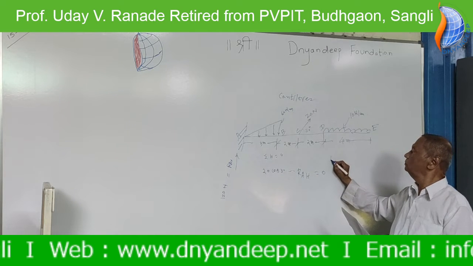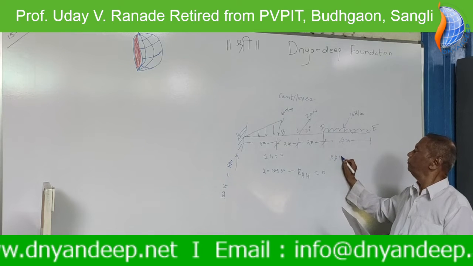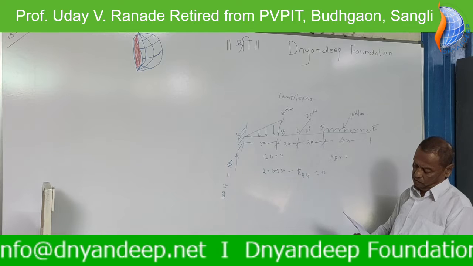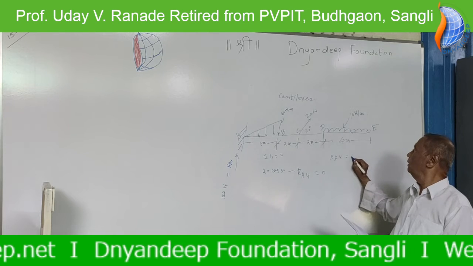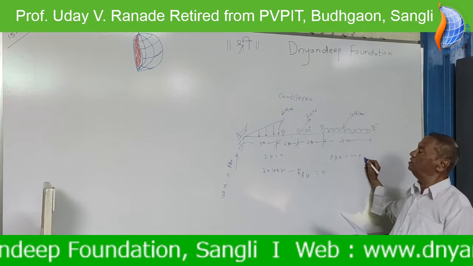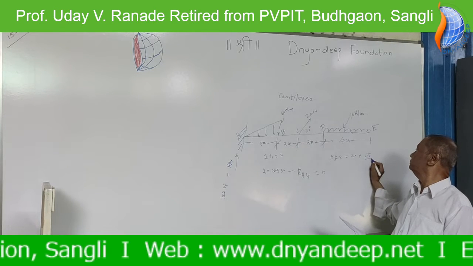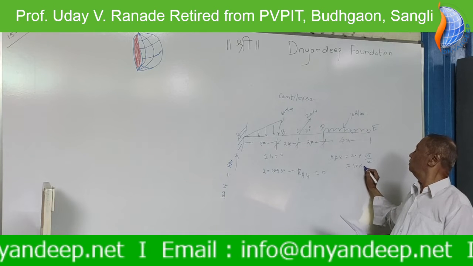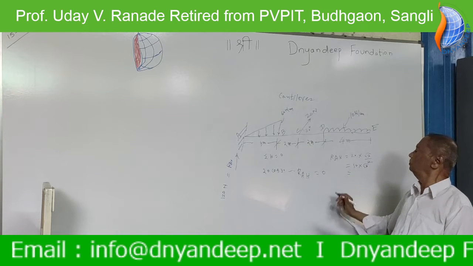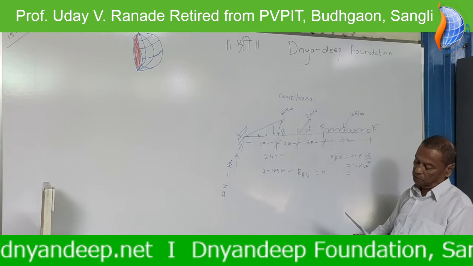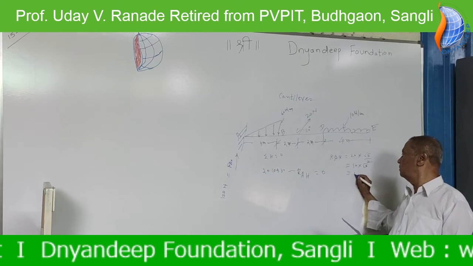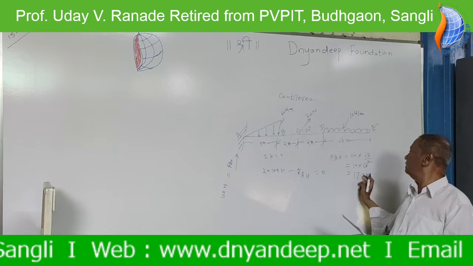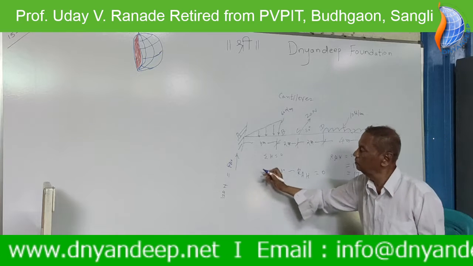Therefore RAH equal to 20 cos 30 equal to 20, cos 30 is root 3 by 2, equal to 10 root 3, substituting and calculating, it comes 17.3 Newton, and this is in this direction.